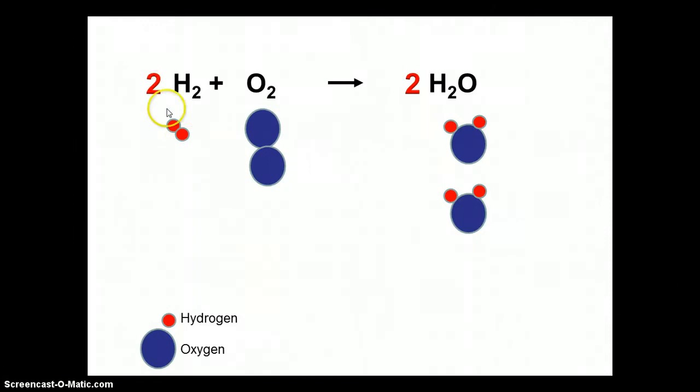So I can put a 2 in front of the hydrogen and make myself 2 hydrogen molecules. Now I've got 1, 2, 3, 4 hydrogen atoms here, 1, 2, 3, 4 hydrogen atoms on this side, 1, 2 oxygen atoms here, and 1, 2 oxygen atoms on this side. So this is a balanced equation for hydrogen plus oxygen making water.